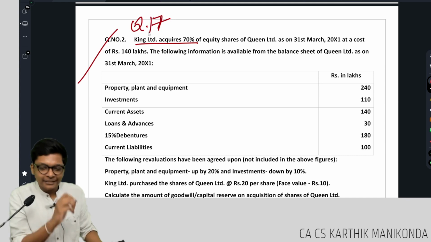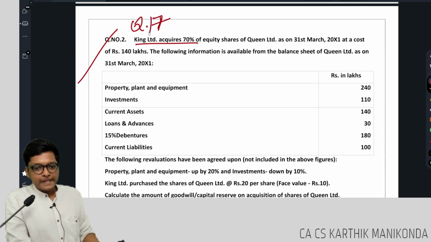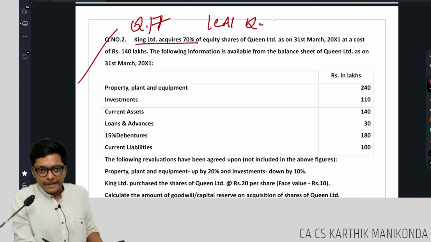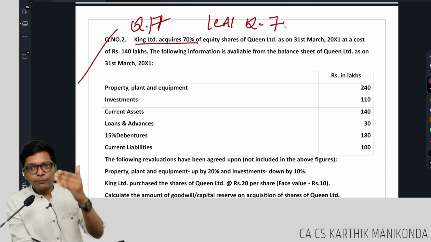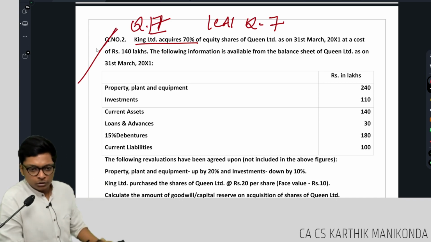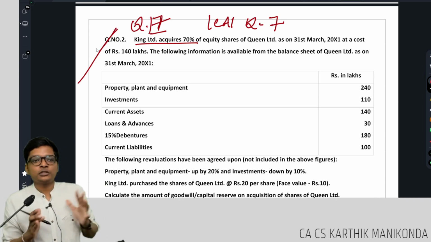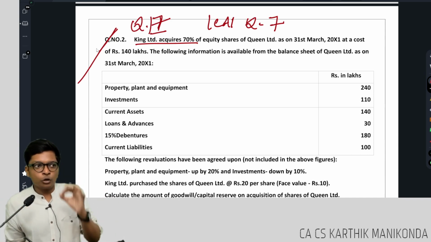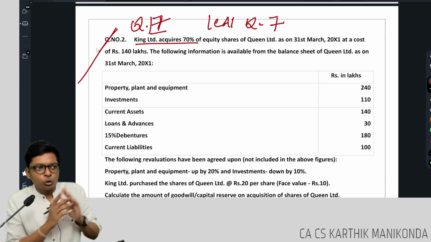Yes, 17. So I'll just tell you, ICAI question, it is practical question number 7. In the book you have, it's question number 17. As per this soft copy, question 2. Different sources you guys are watching, so I want to cover everybody so you don't search.